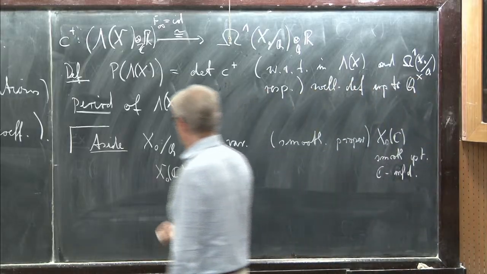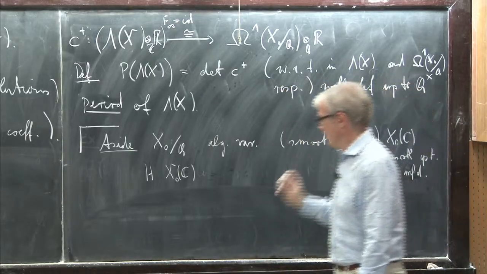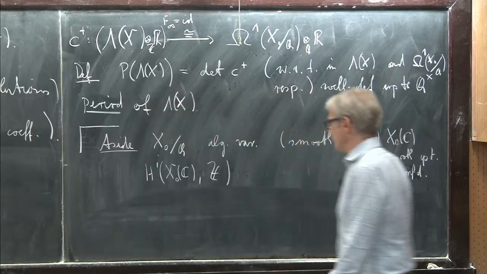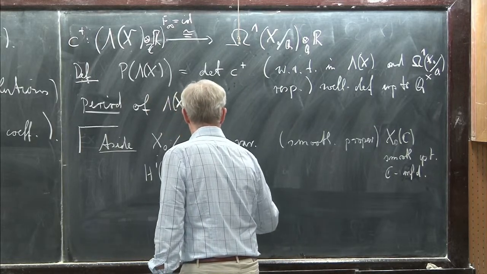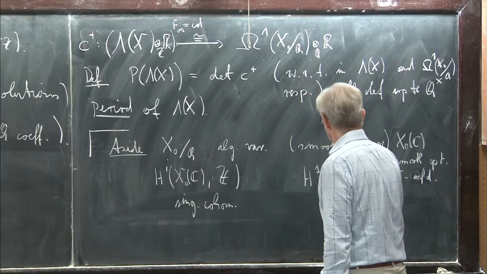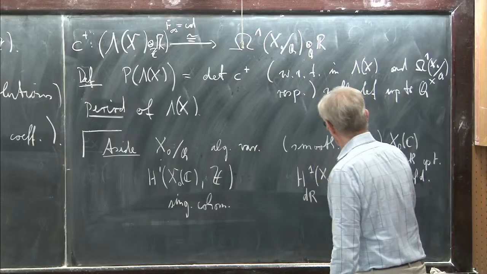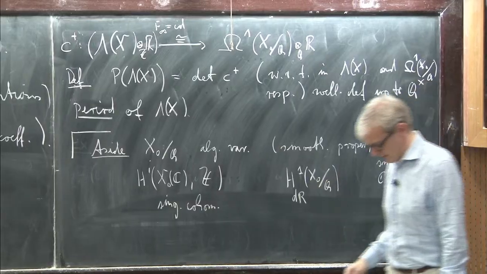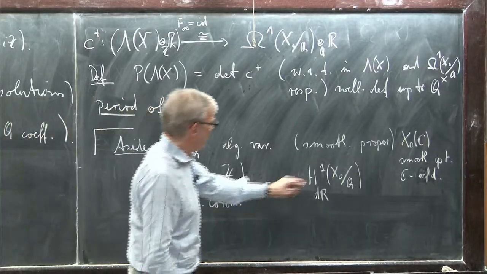And this complex manifold, if you study it from a topological viewpoint, has singular cohomology groups. And on the other hand, you have algebraic differential forms, and you can consider the algebraic de Rham cohomology, which is defined similarly as in the complex case.